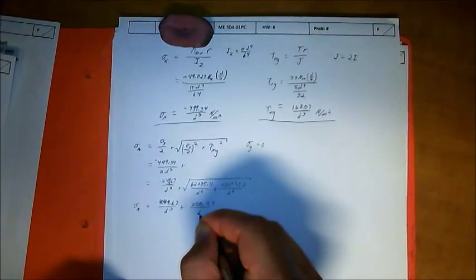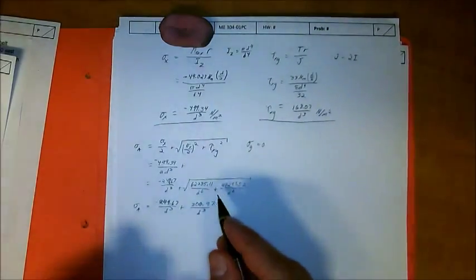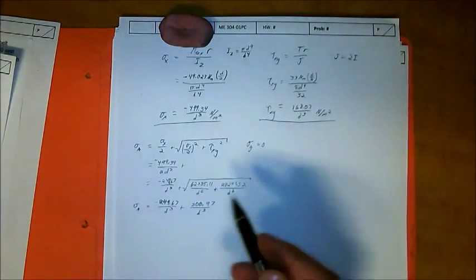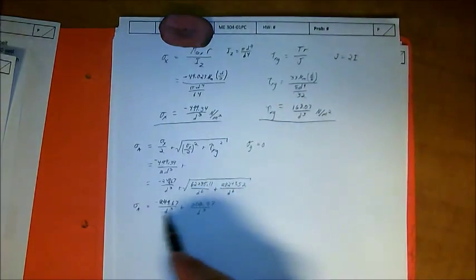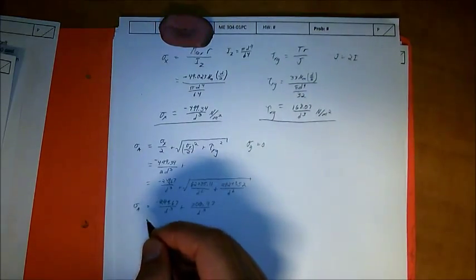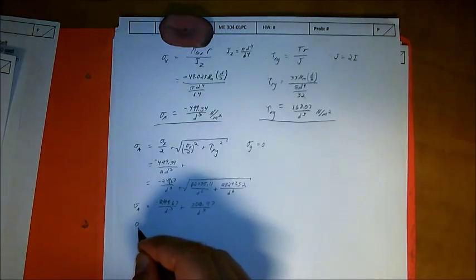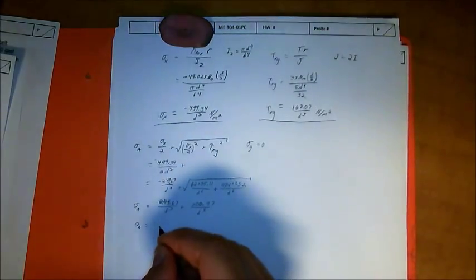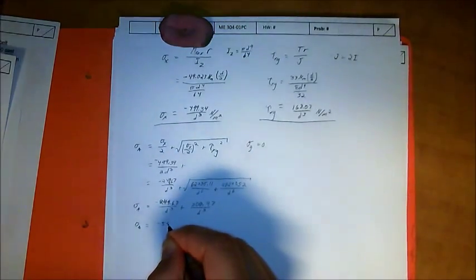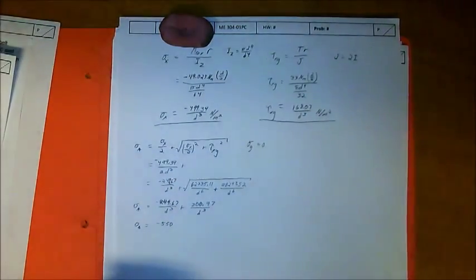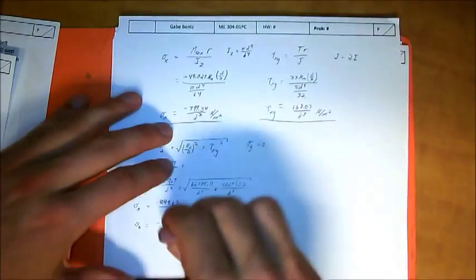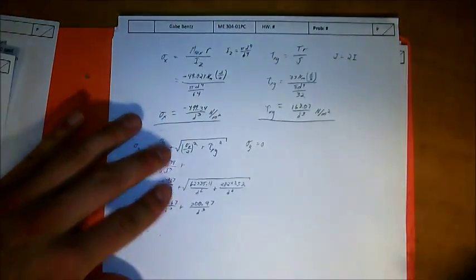And then adding these two together, sigma A is equal to... oh, sorry, moving on to sigma B already. That's not right. Sorry. It is equal to 51.3 over d to the 3rd. That looks better. Newtons per meter squared, because those are the units of stress.